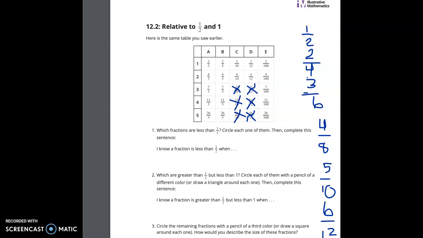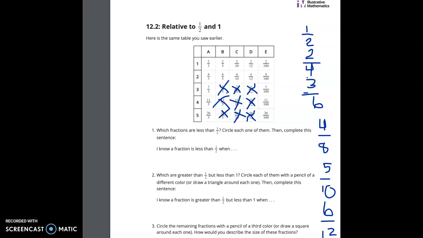All right, what about, we don't have fifths. But if we think about what we got for these, this is higher than 1 whole, right? This one's higher than a whole. This one's higher than a whole.